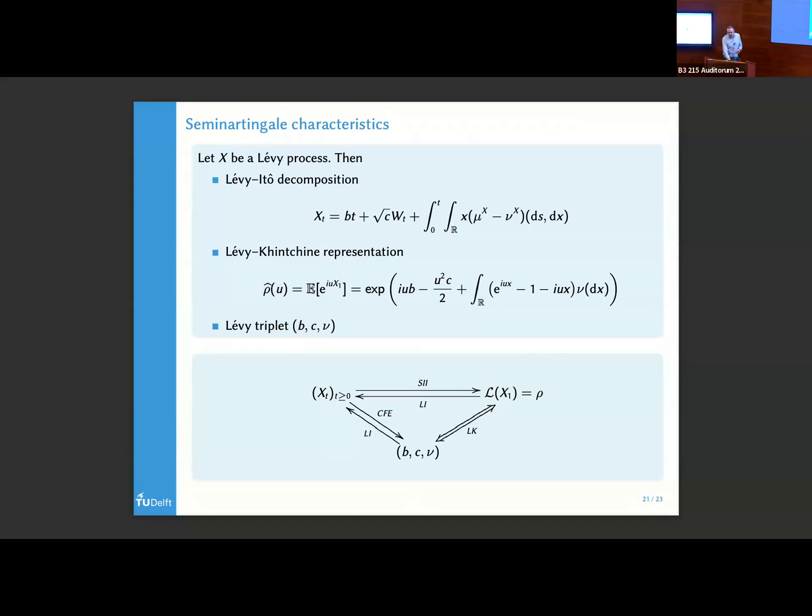You can characterize the law by the Levy-Khinchin representation, and you can also describe them, well, locally, but then also globally, by this Levy triplet. Okay, and you see that the triplet is appearing everywhere. Okay, it's appearing in the decomposition and also in the representation of the law. Okay, so now I can try to change to this thing if I am successful.